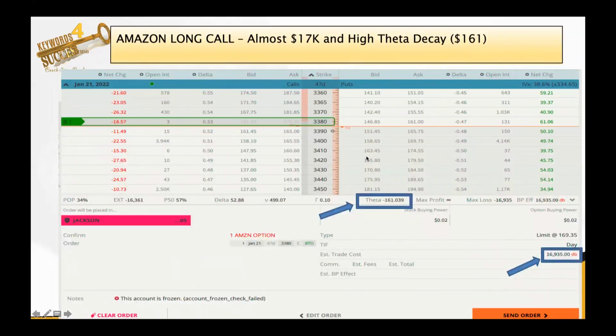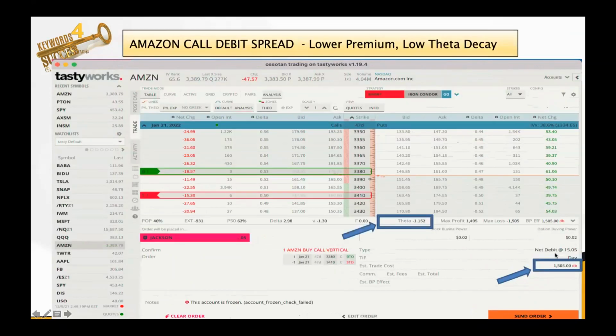The naked call, this is the time decay exposure. But if I go for a vertical spread, this is my time decay, almost nothing. And this is my exposure, which is limited, but it also caps my max profit.